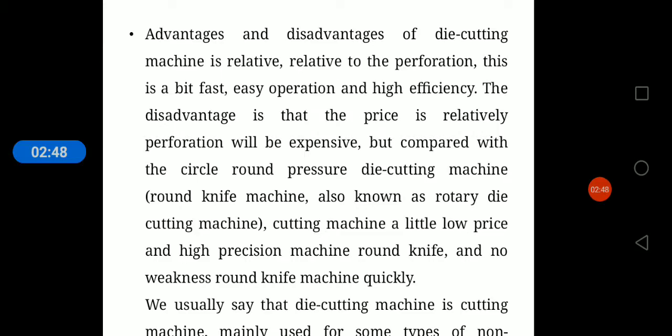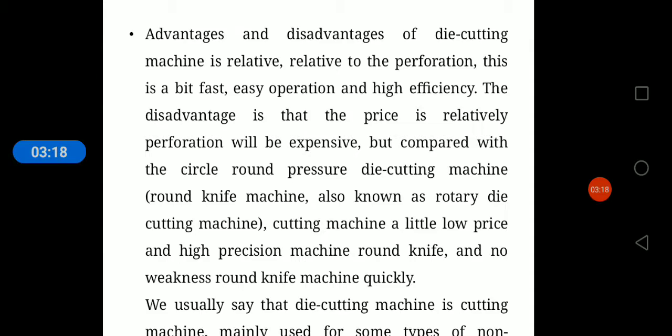The disadvantage is that the price is relatively expensive, but compared with the pressure die cutting machine, the round knife machine, also known as the rotary die cutting machine, is a little lower in price and a high precision machine, with a round knife and no weakness.